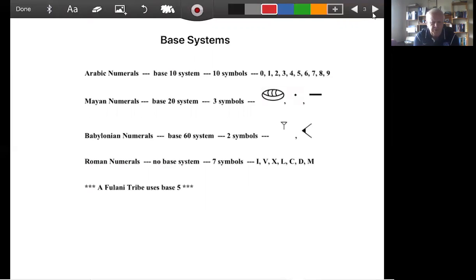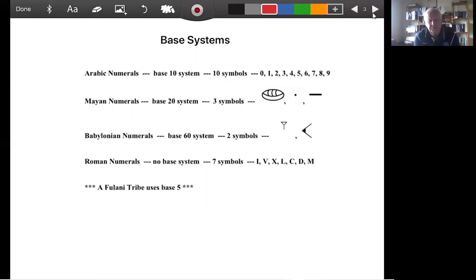We're all familiar with the Roman numerals. It's not really a base system, but it has 7 symbols, and then the bar to multiply the M's if need be. There's a special tribe of people in Africa called the Fulani tribe, and there's a village in the Fulani tribe that still uses base 5 today in their world.